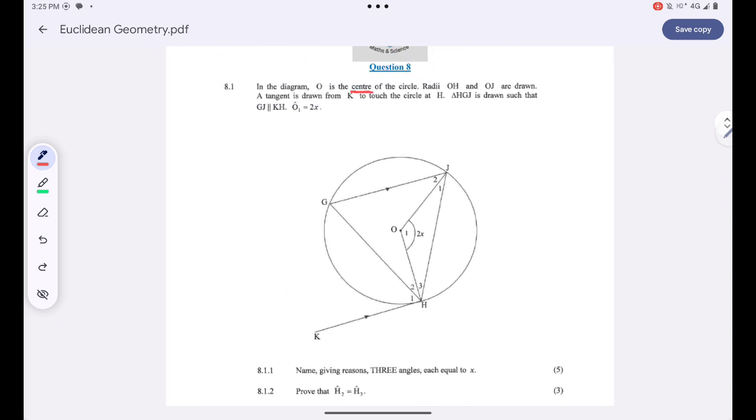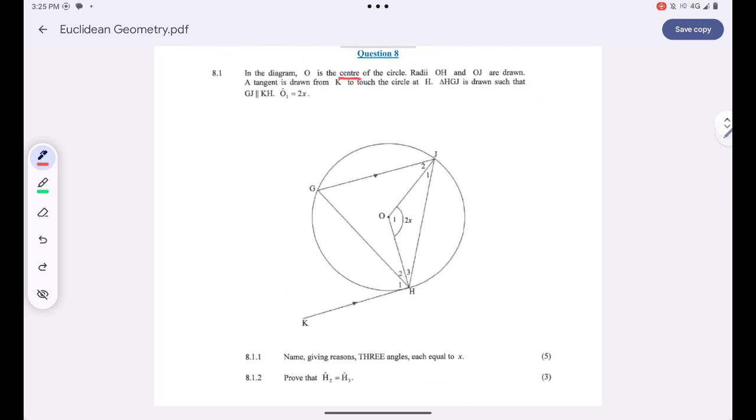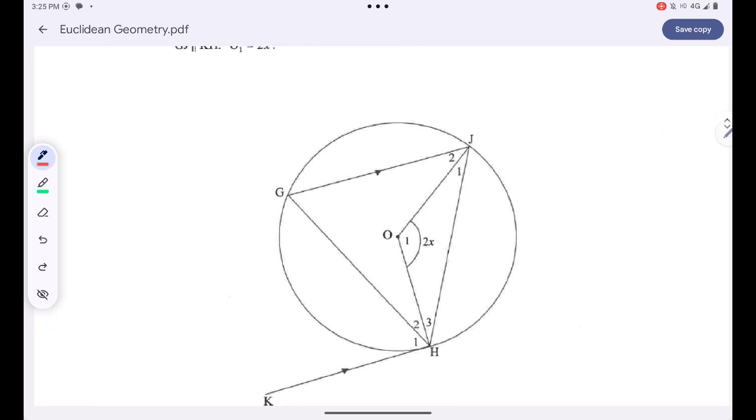But I want to show you how to write your answer with reasons. Firstly, angle G. Let me write like this.